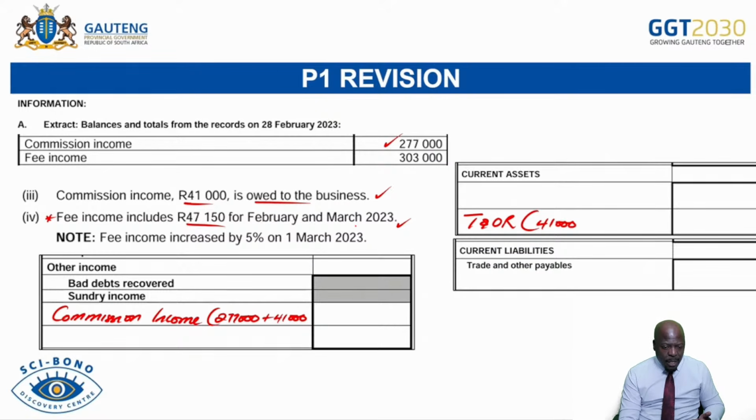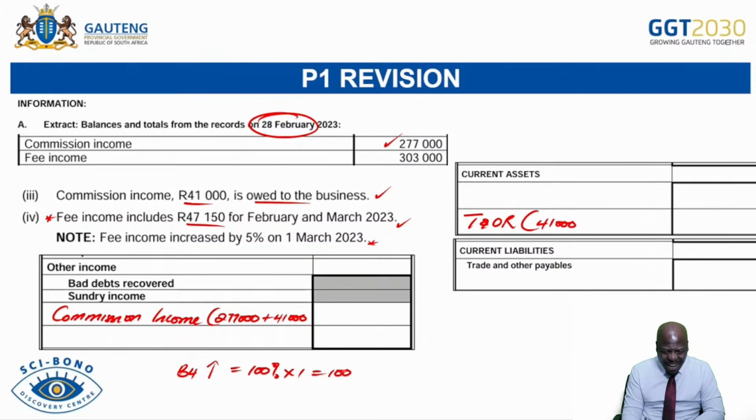But remember that we are told here that fee income increased by 5% on 1 March 2023. But the financial year is ending on 28 February 2023. So we have 1 month which we have received income in advance. We know that the fee income, before it increased, was 100%. And then we received it for 1 month.